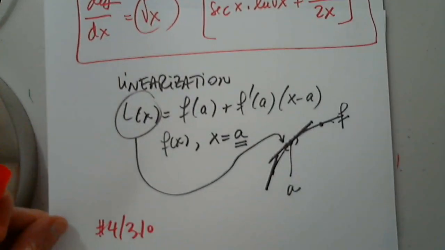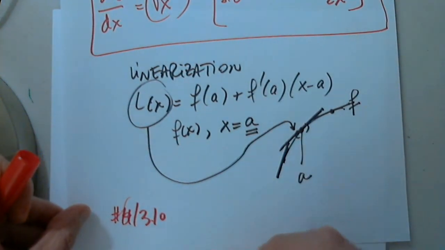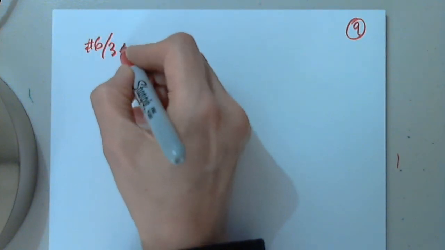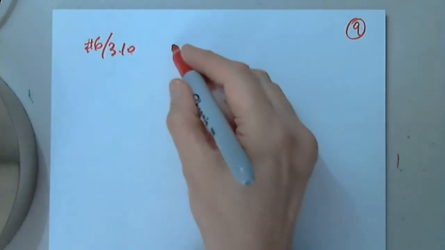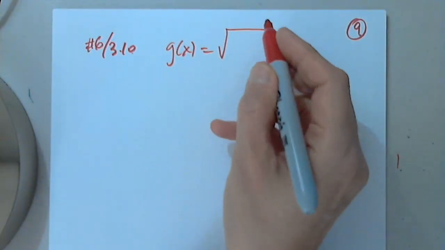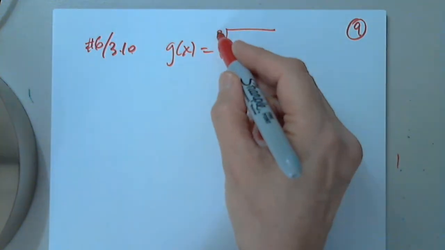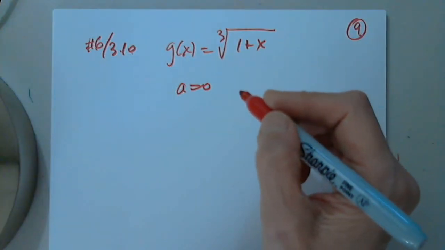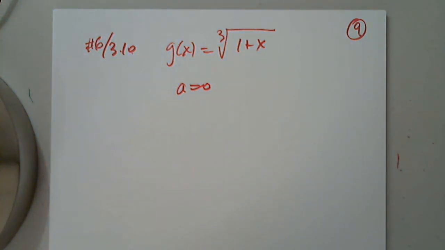Is that something I assigned? Number 6? Yes. In 3.10? The one with the find the linear approximation of the function? Yes. Okay. So 6 in 3.10. And the function is g of x, the cube root of 1 plus x, and we're given a equals 0, and use it to approximate the number such and such. Okay.